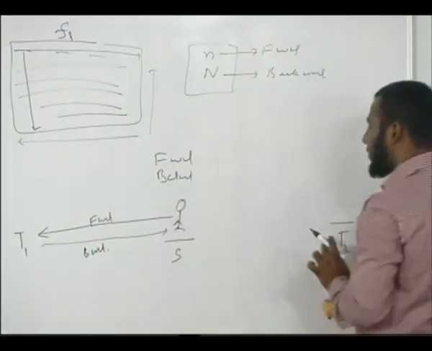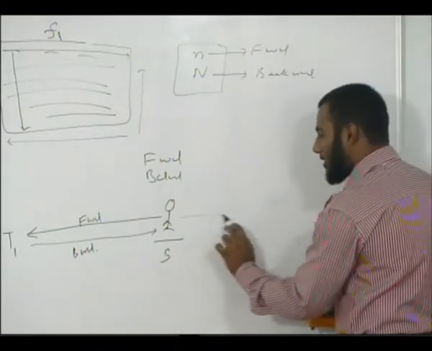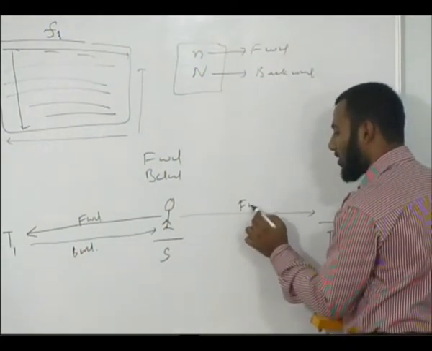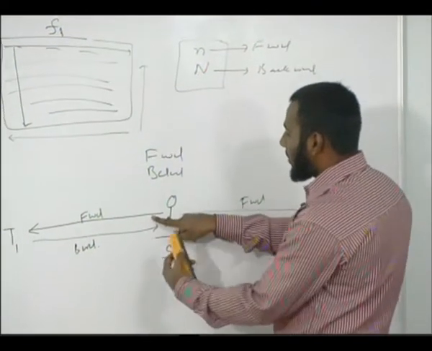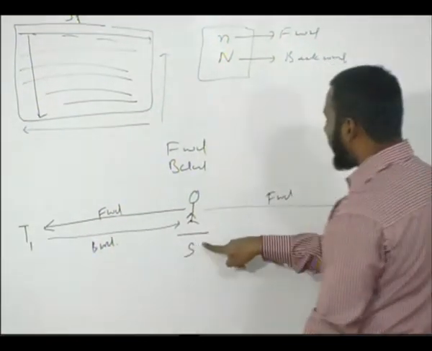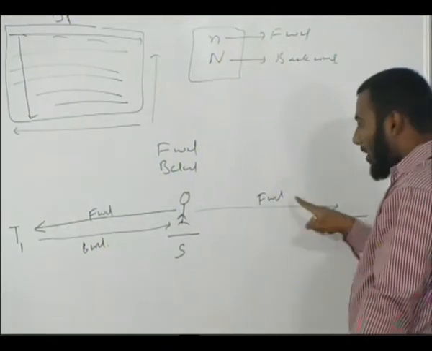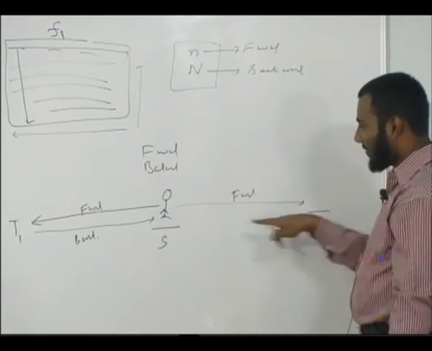If the goal is to move from this source to this target, then I will call this direction the forward direction. If I come in the opposite direction, I will call it the backward direction. But if the goal of this user is to move from this source to the other target, then I will consider this as the forward direction. Even though the line is moving from middle to left, I am calling it forward, and if it is middle to right I should call it backward, but I am calling it forward, because they are relative.